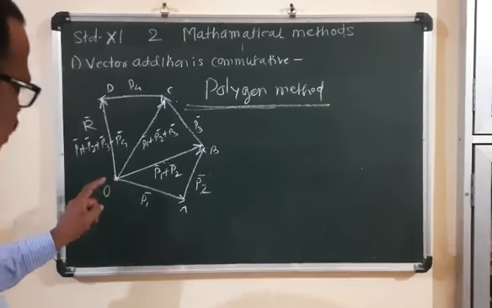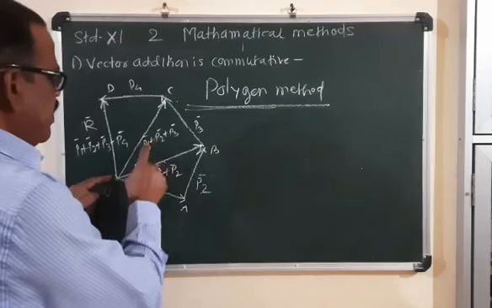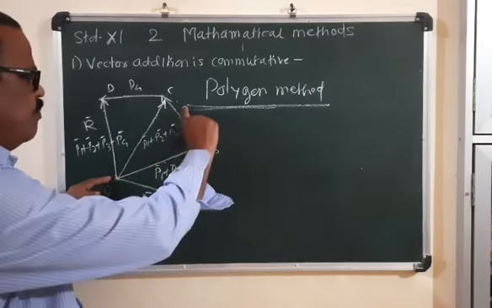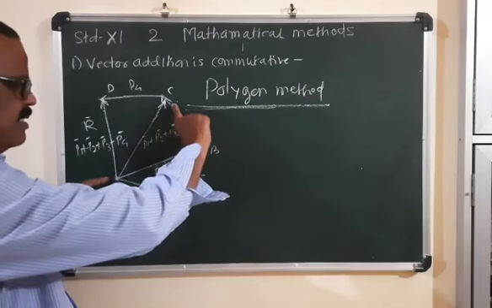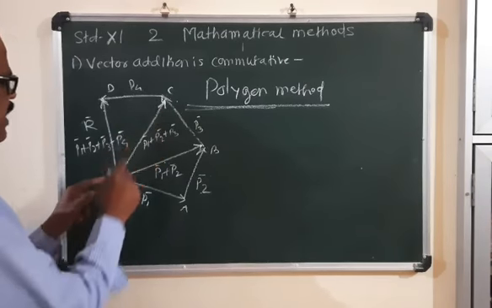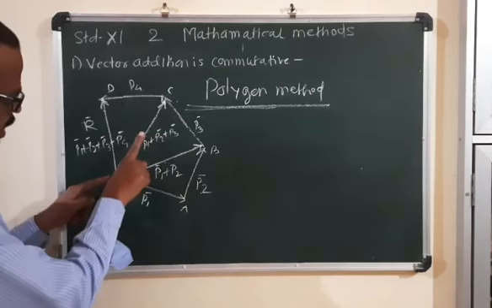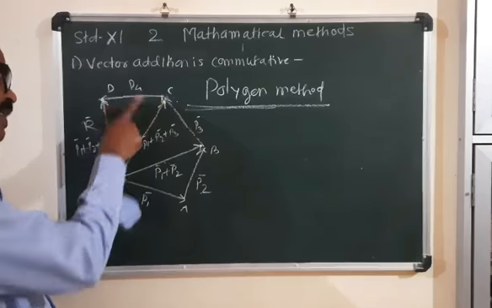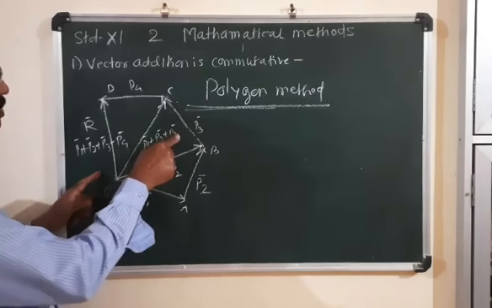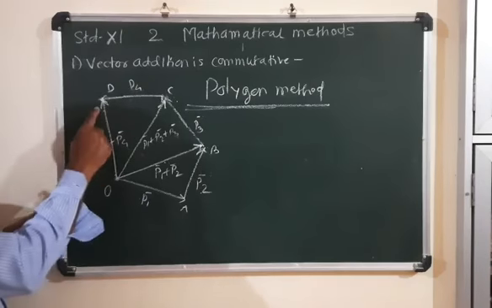In this triangle, OB plus BC is P1 plus P2 plus P3. This side plus this side is equal to this side by the triangle law of vector addition. Similarly, in triangle OCD, OC plus CD is equal to OD. Therefore, P1 bar plus P2 bar plus P3 bar plus P4 bar. This is the remaining side of the polygon.